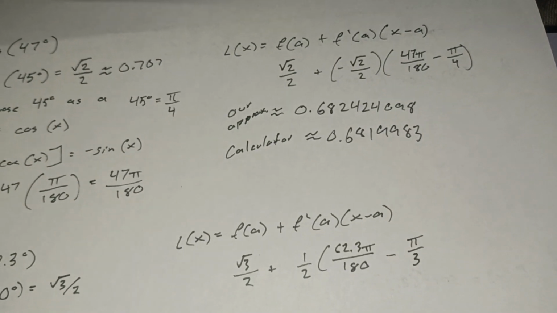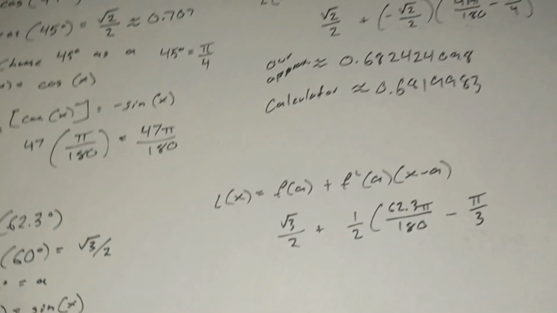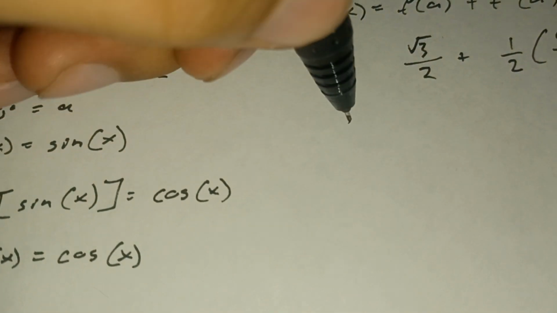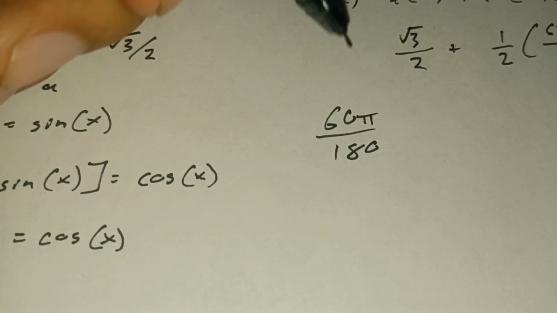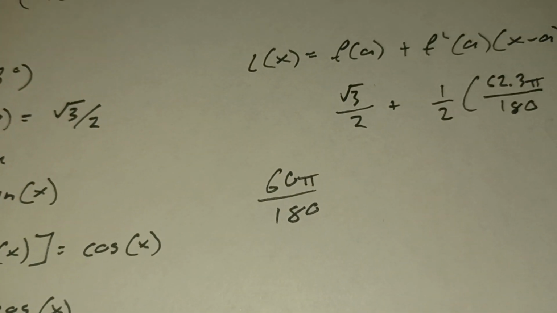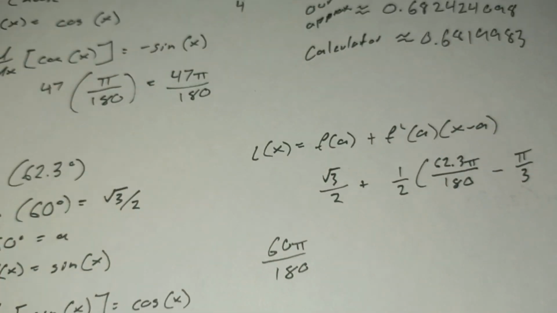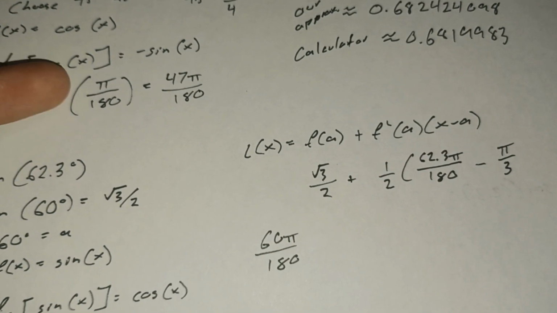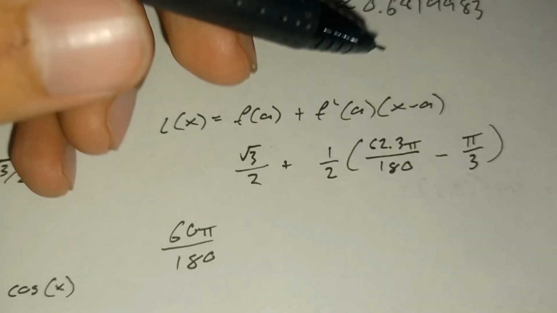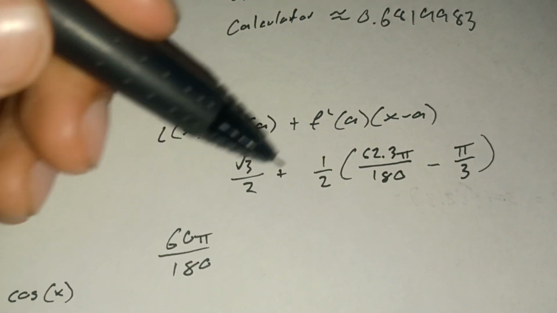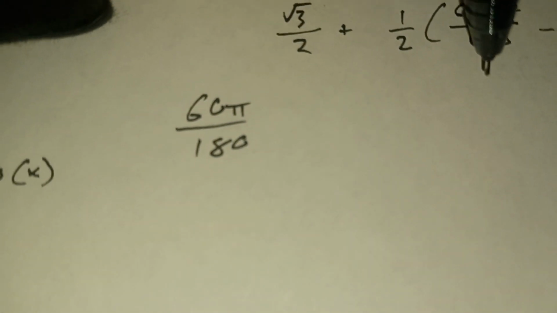Again, you do 60 pi divided by 180, you just multiply that, and that's going to give you pi over 3. So that's just a reminder on how to convert to radians.